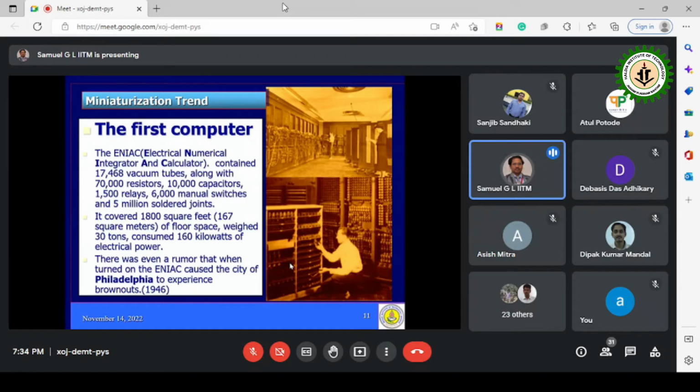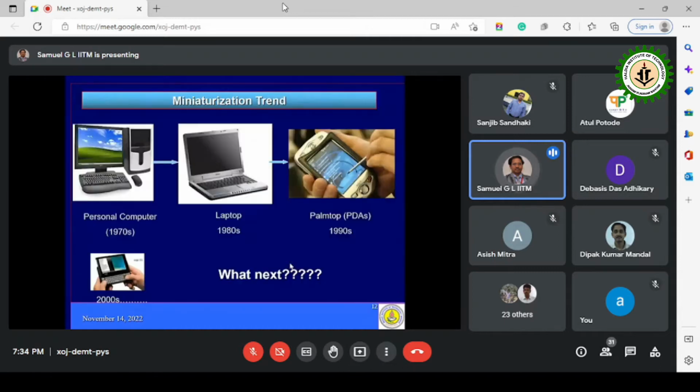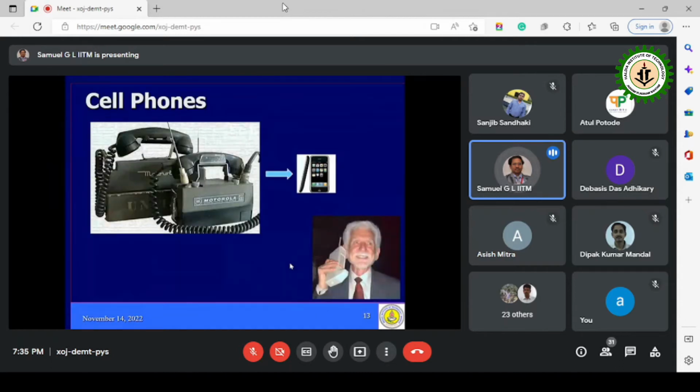And when one computer was turned on, the whole city lights used to come down. So that was the first computer. But later, with the chips and processors and all these technologies which have developed, the sizes have come down, and nowadays the sizes are very small, but the computers are very, very powerful in processing data.